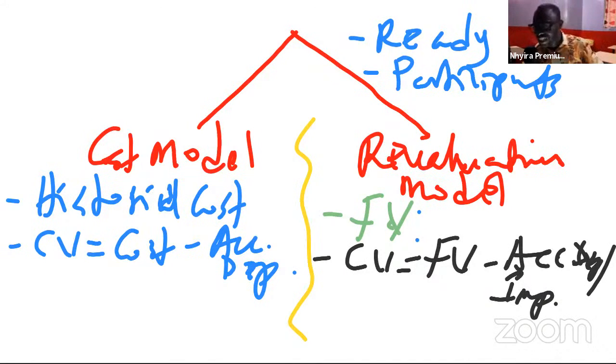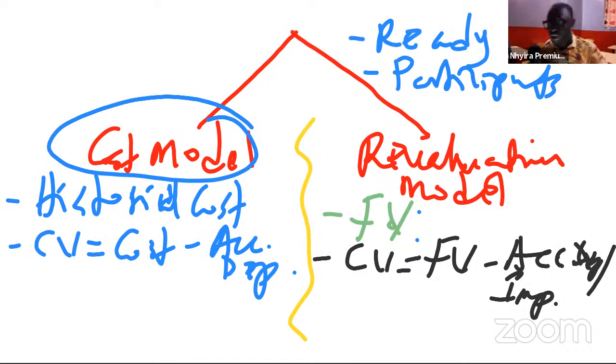But where the asset has no ready market, if the asset is of a specialized nature, then we cannot account for the asset using the revaluation model. Instead, we will carry the asset using what? The cost model, and carry the asset at its historical cost. I hope you get that. So you don't just get up and say, for this asset, let's use the revaluation model, for this asset, let's use the cost model.